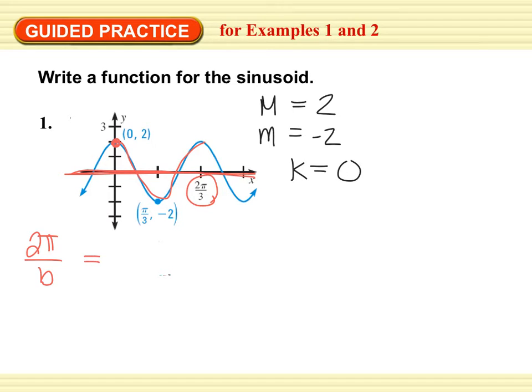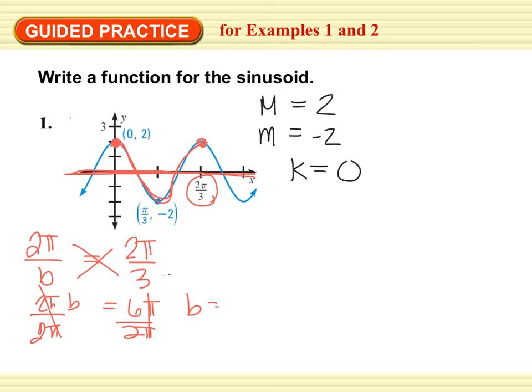I know my period in this case is 2 pi over 3 because that's 1 revolution of my cosine function. So let's solve for b because I need b for my equation. 6 pi equals 2 pi b. B equals 3, which we could have seen right there.